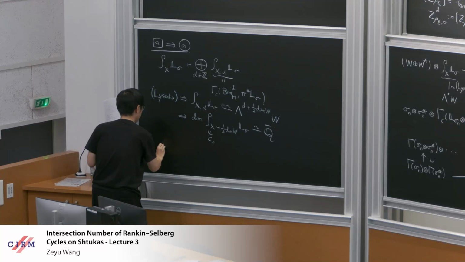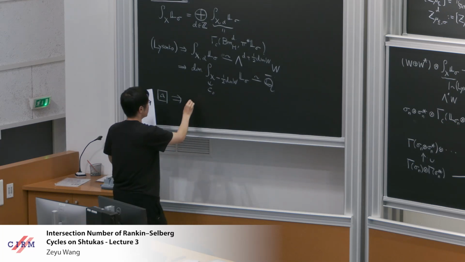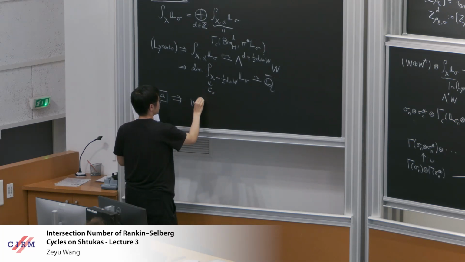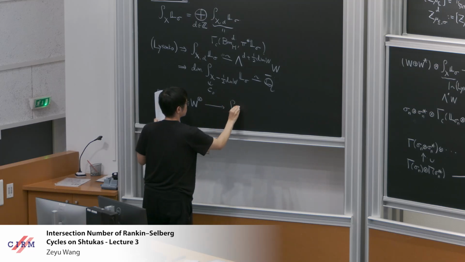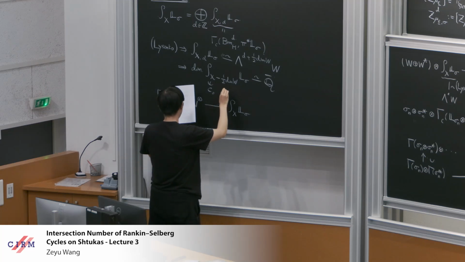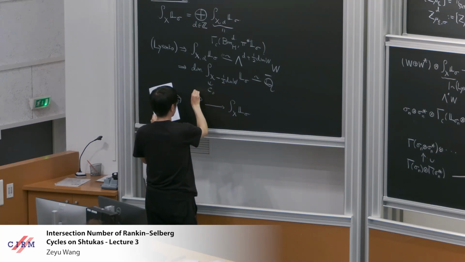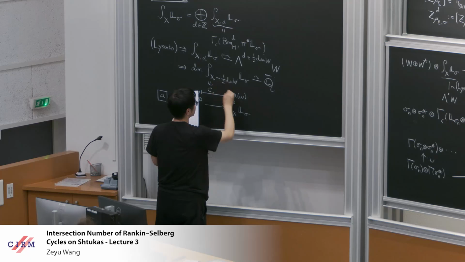What does the box tell you? If you consider the map from W tensor to this period integral, by sending an element w to, you apply the operator w to the element C0.